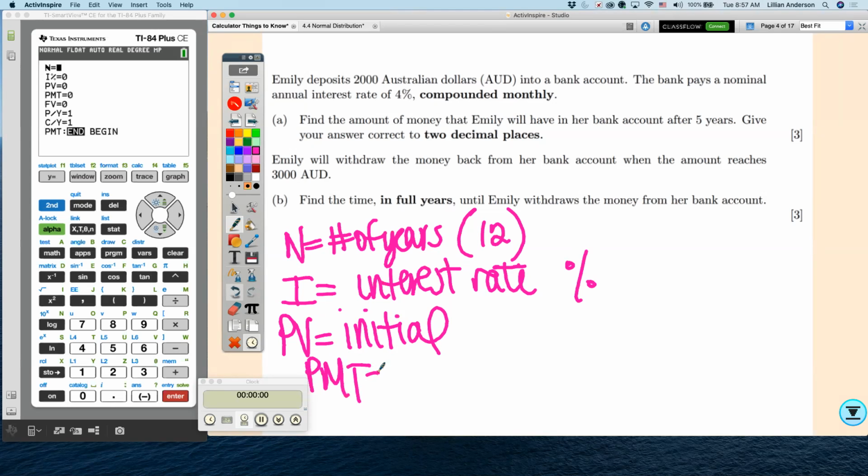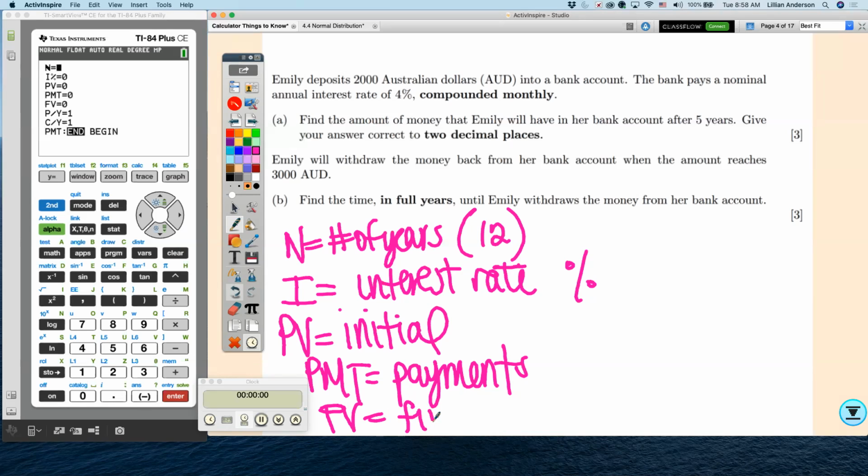PMT, payments. Now, in this particular problem, we're not talking about any type of payments. This one is strictly about a savings account. So I won't have to worry about anything in my PMT, but when I talk about loans and annuities, I would have to worry about that. What does FV stand for? Future value.